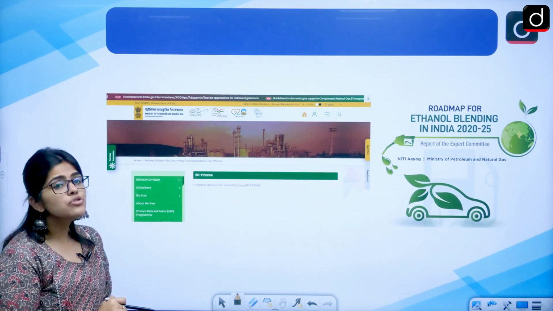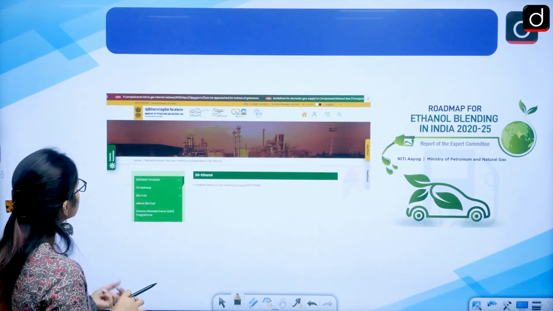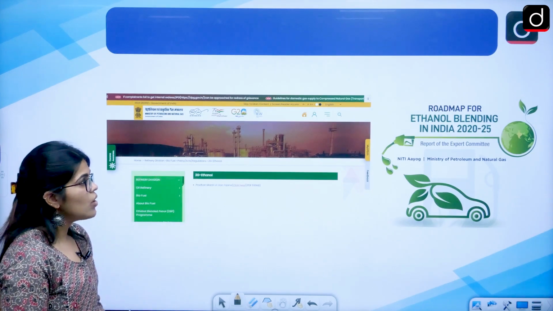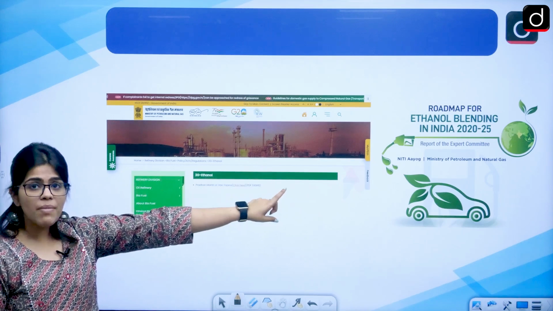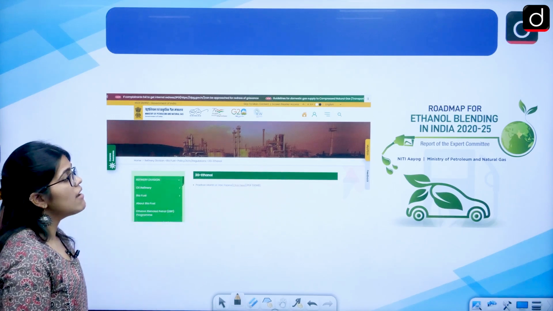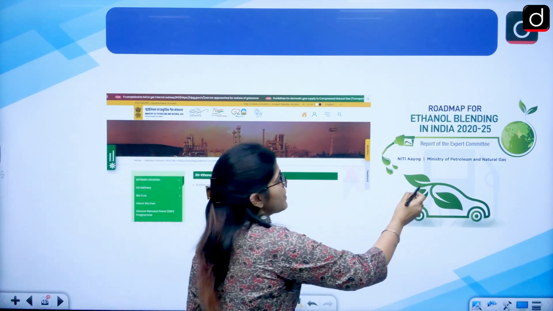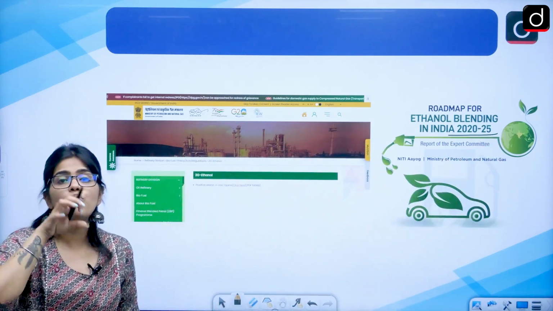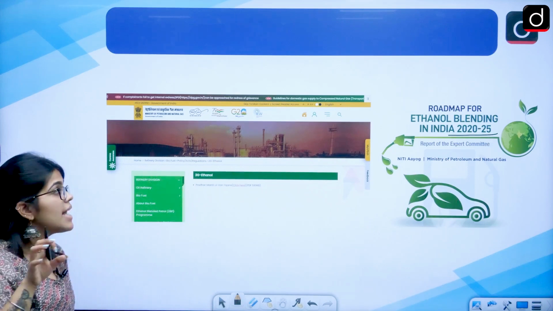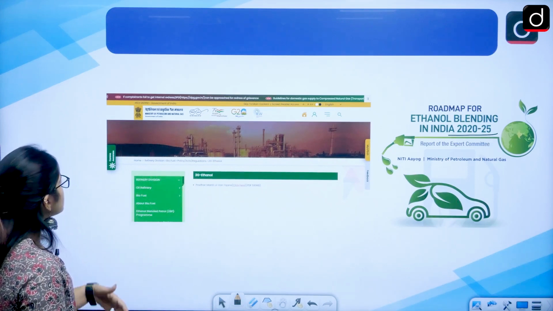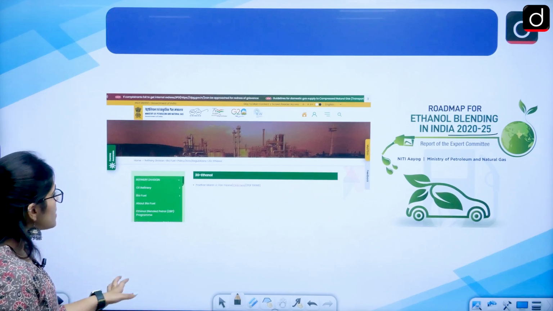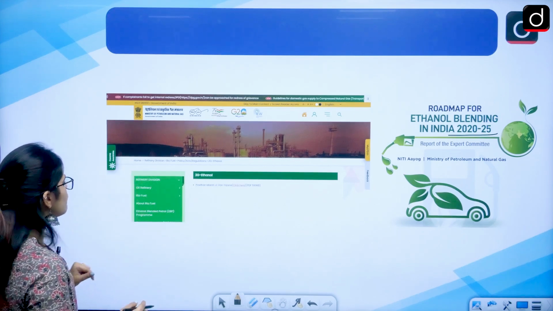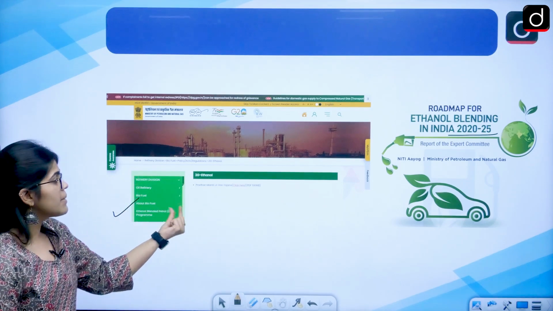Now I want you to go to the website of the Government of India and read about ethanol. Just read about the roadmap for ethanol blending in India, that is, the time period of 2020 to 2025. They have given a complete roadmap of what they want to achieve and in which years. So this is the website. You can directly open it and read about the oil refinery, different biofuels, and ethanol blending programs.